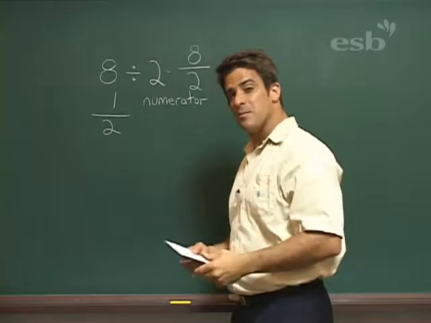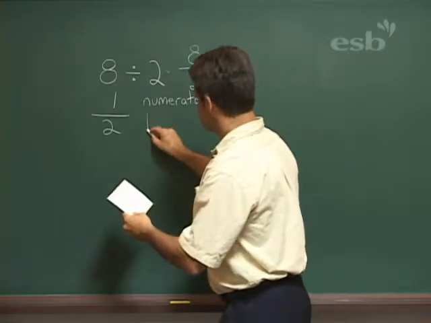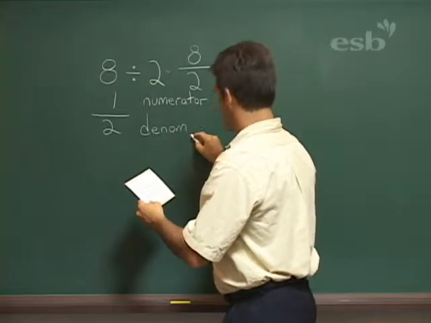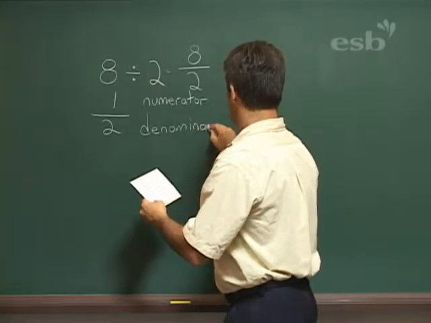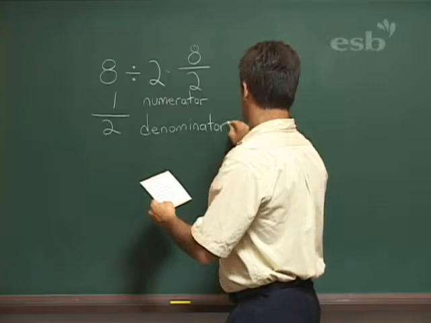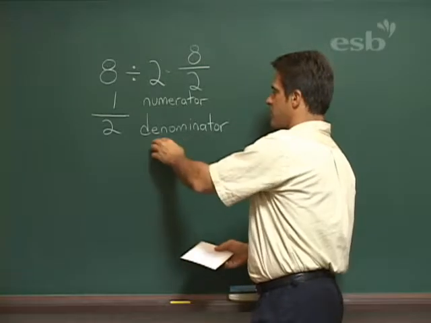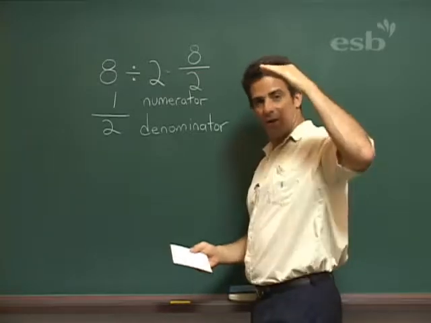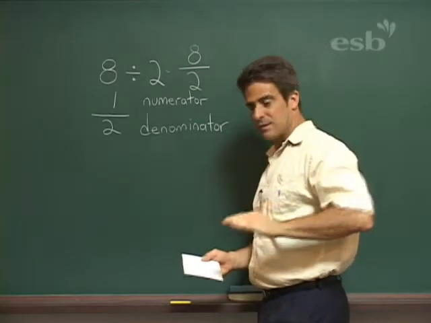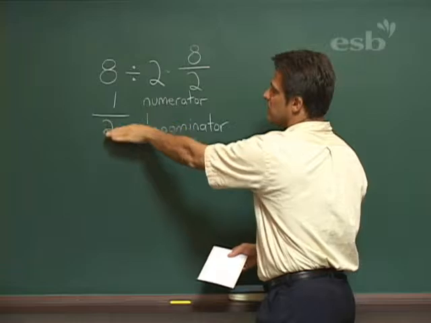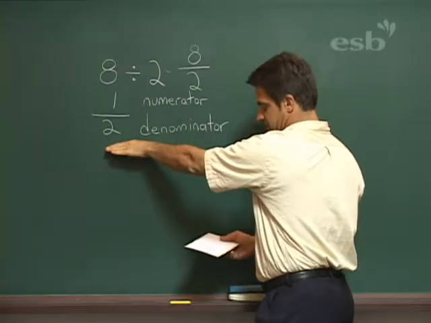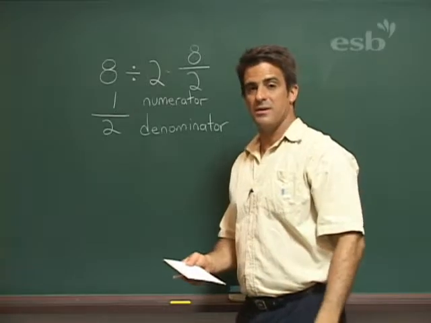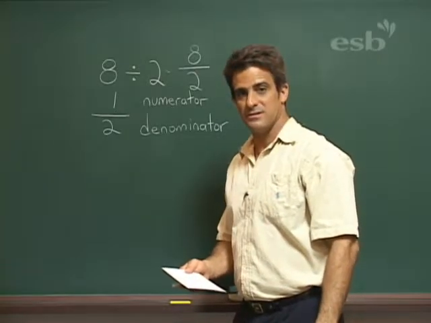What about the bottom part? The bottom part is called the denominator. Numerator, denominator. The denominator appears on the bottom of a fraction.